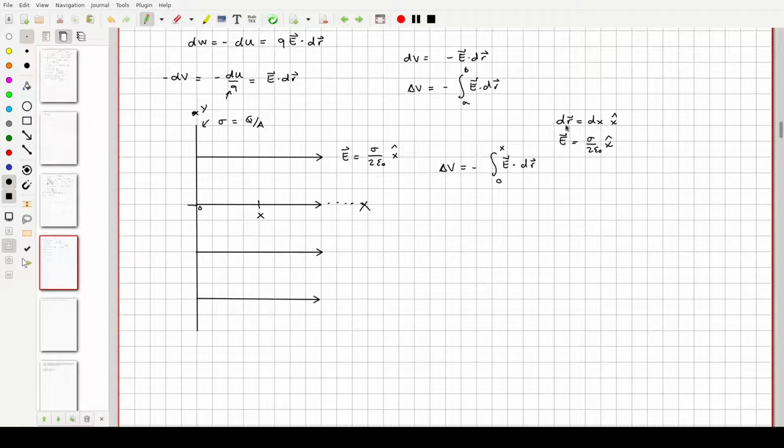When I do the dot product between these two things, the x and the x point in the same direction, which means that the integral I need to do looks like this.